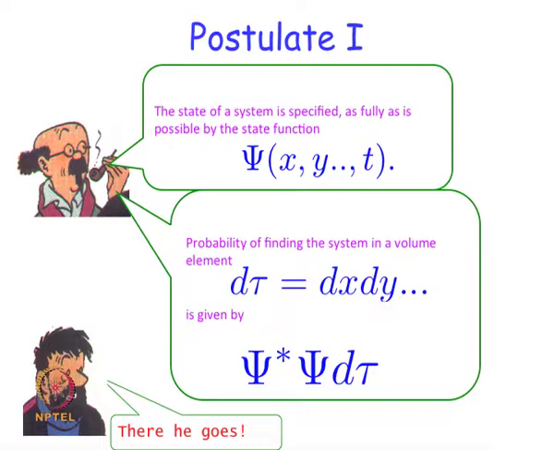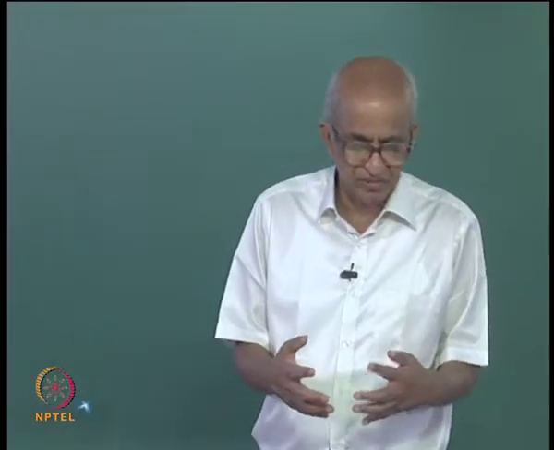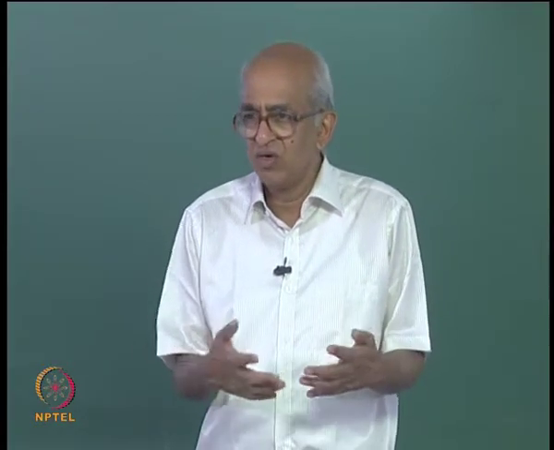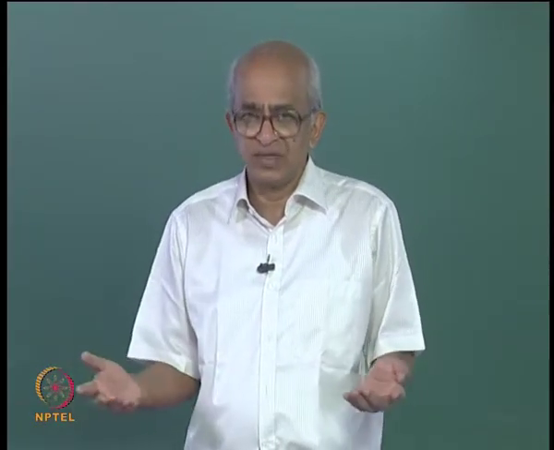Now, we discussed the consequences of this. We said that the wave function, in order to be acceptable, should at least be a square integrable function. And if it is square integrable, we can always carry out normalization, which means I multiply the function by a suitable constant such that the integral of psi star psi over the entire space is equal to 1, and then we say the function is normalized.